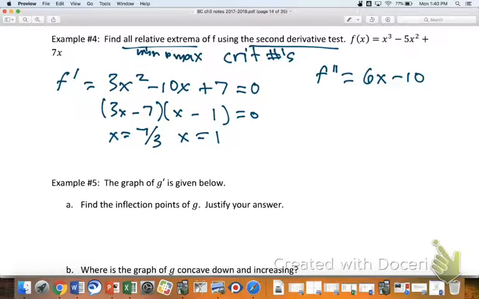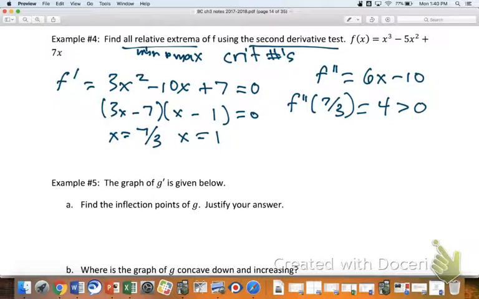And what do I do with this? Do you guys remember? And how do I decide the whole concave up or down thing? And what do I plug in to figure that out? That's right. You take the critical points themselves and plug them into f double prime. So I would write f double prime of 7/3 is equal to 4, which is positive.